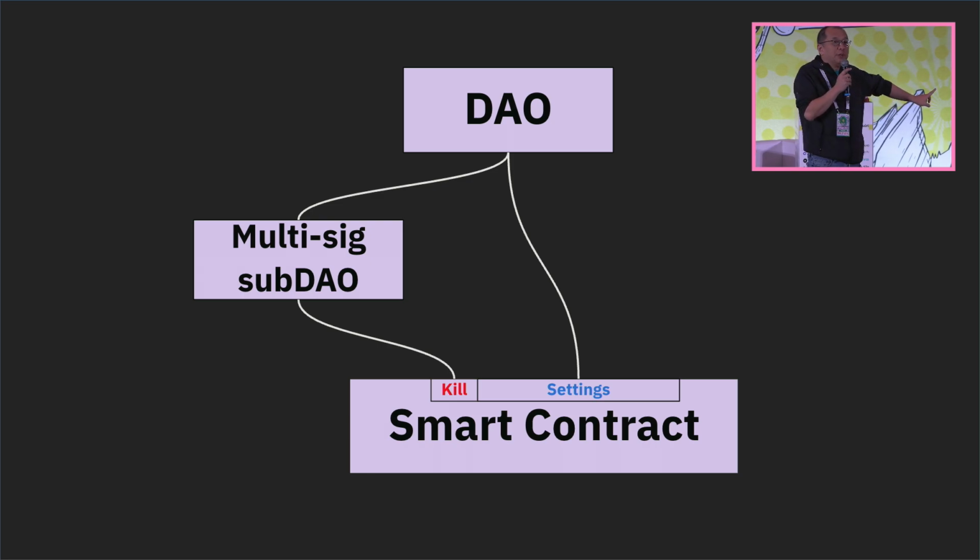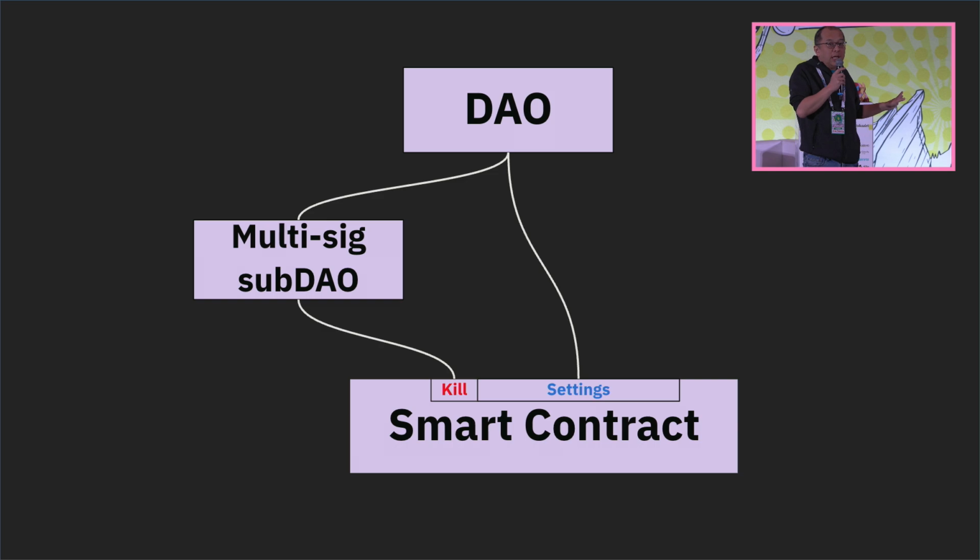So for the kill switch, what can you do? You can do a multi-sig sub-DAO or fallback console, which controls only this kill switch. And then when something happens, you have to do some offline work, call up the people who are the controllers of the multi-sig and say, hey, I need 2 signatures to kill this flag, to kill the protocol or pause the protocol so we don't get drained.